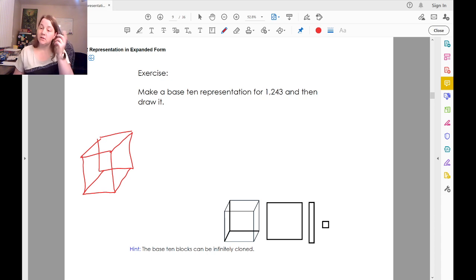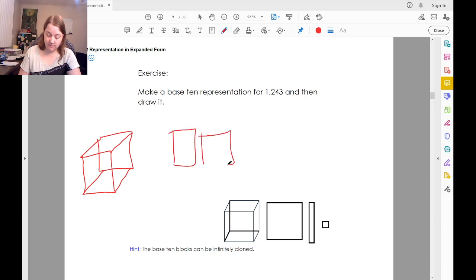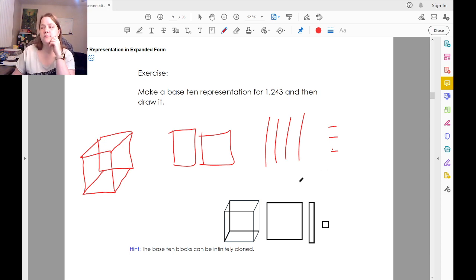And then if you were to connect the dots to the actual corners, you would have a shape. So that's 1,000. I need 2 hundreds. I need 4 tens. And I need 3. And there you go. Those are the exact shapes from down there. You're welcome.